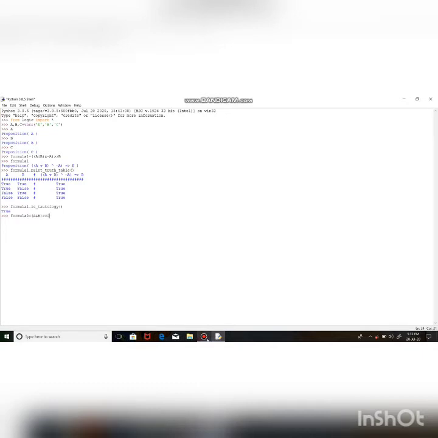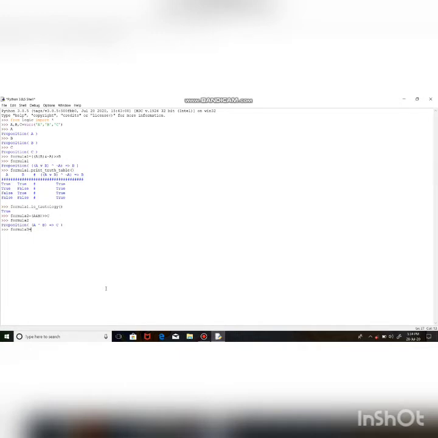Now we will create our second formula named formula 2, and it means that A and B implies C. Now we will create it. Hence we have our formula 2.